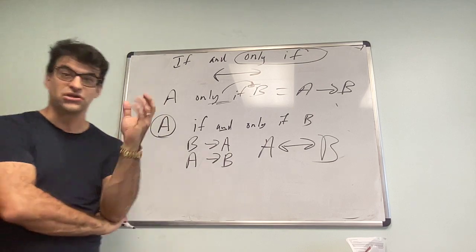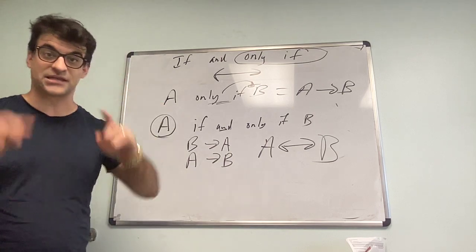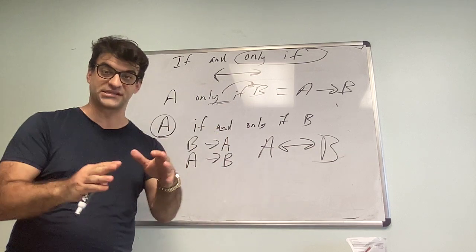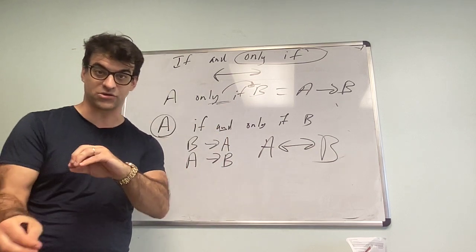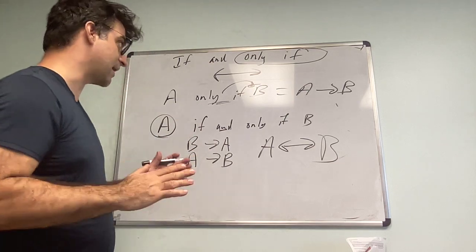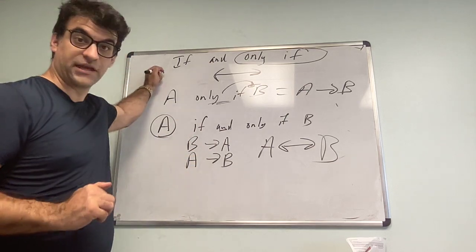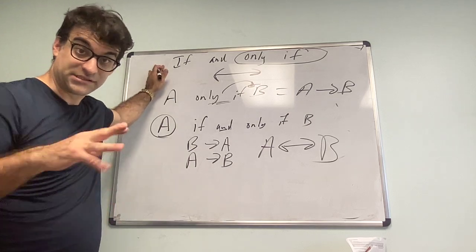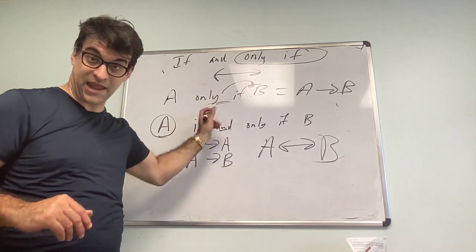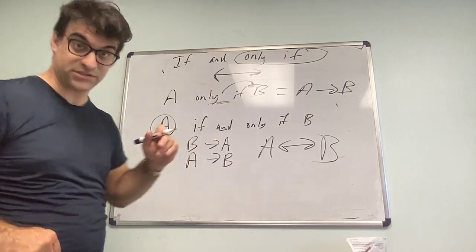But the key is you look at the sentence, again, you're thinking at truth condition level, you're translating and saying, what does it say is the necessary condition? Consequent. What does it say is the sufficient condition? Antecedent. Okay, so let's look at that. If and only if together is the double bar. Only if by itself is going to be the arrow, and it indicates the consequent.